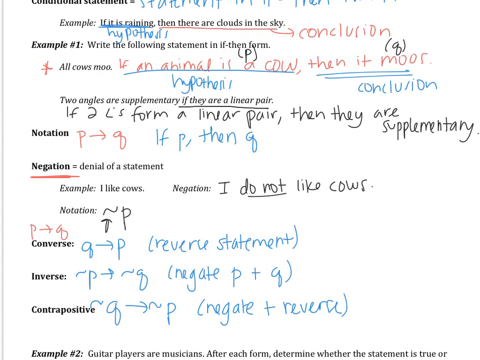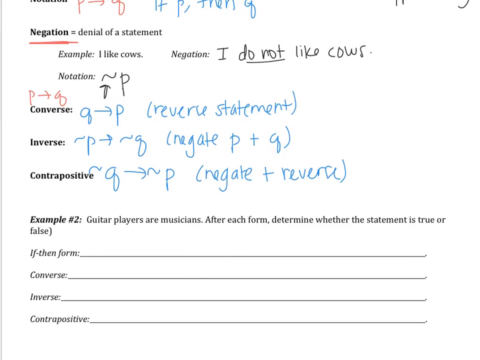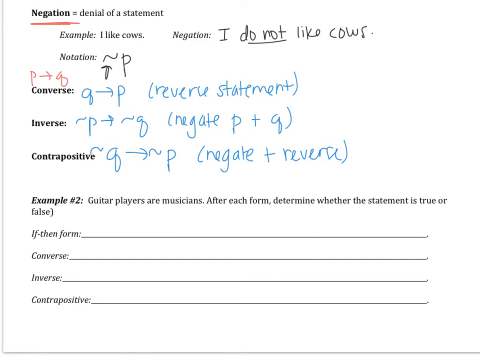Okay, so I know this is a lot of information, so we're just going to do an example together so we can see exactly how this works. Okay, so example number 2. The statement is guitar players are musicians. You are going to write each of the forms and then determine whether the statement is true or false.